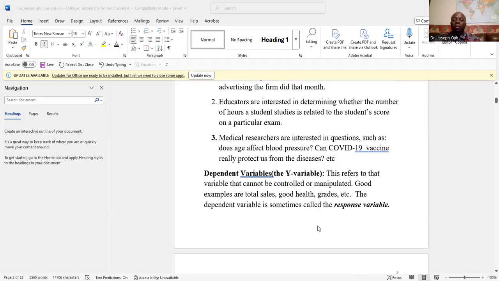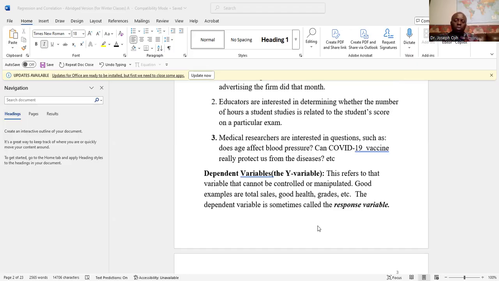Medical researchers might be interested in whether age affects somebody's blood pressure, or whether the COVID-19 vaccine really protects us from the disease. So these are the areas we can use correlation and regression.